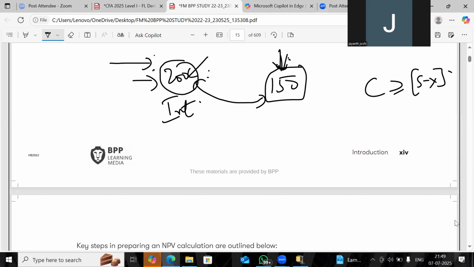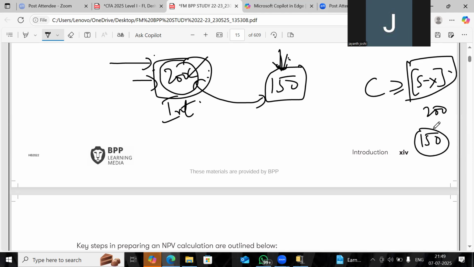Here the value is created, and when the value of 200 is created, no seller will take 150 from you for that value. For something worth 200, no one is going to charge you 150. Same thing goes with the put option also. Put option should always be greater than or equal to strike minus stock.